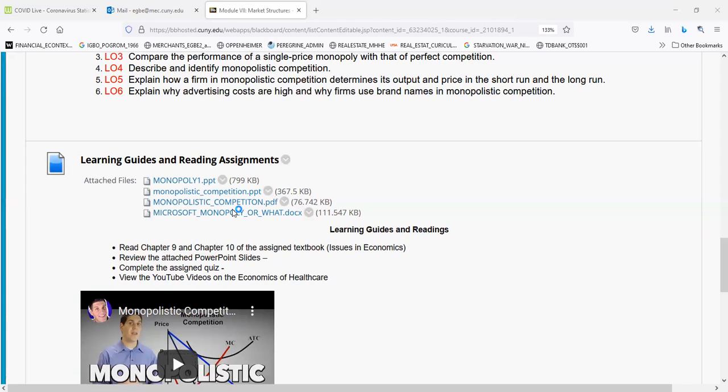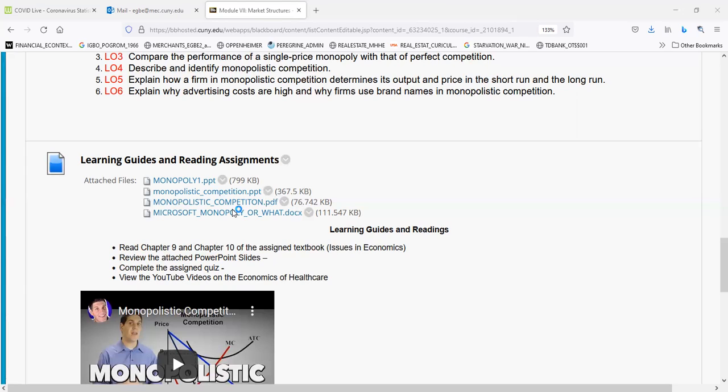In monopoly, there is no other choice. There's only one product. There is no substitute for it, and so there is no variation. But in monopolistic competition, you have similar products, but they are not exactly identical.